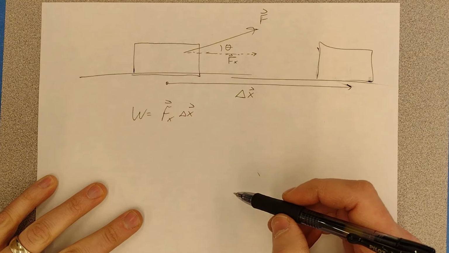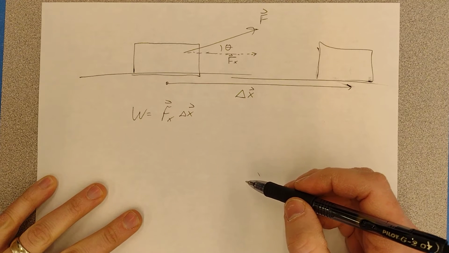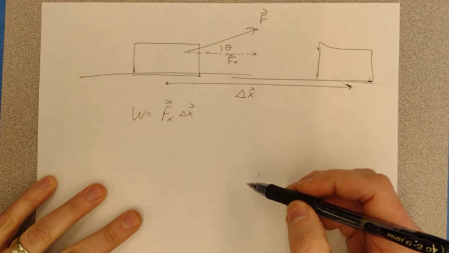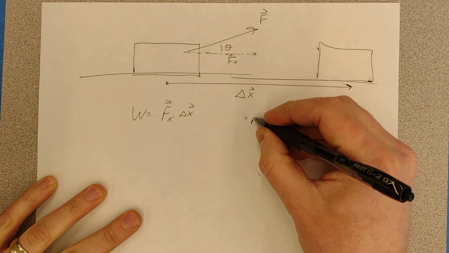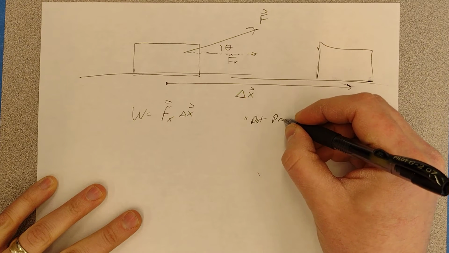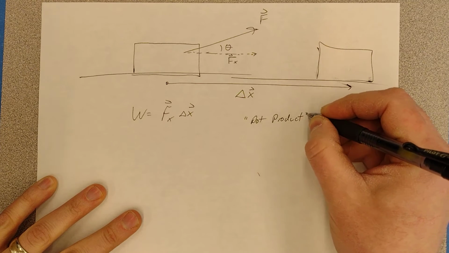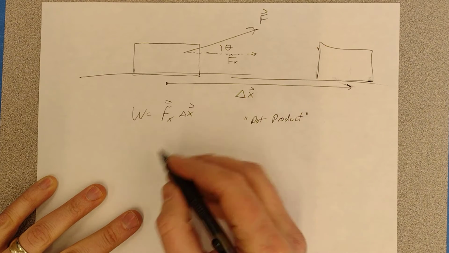Well, there's a mathematical term for this. It's called the dot product. Let me try to describe it. The dot product of two vectors.